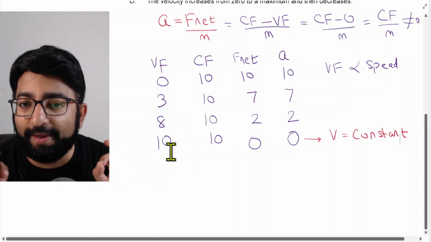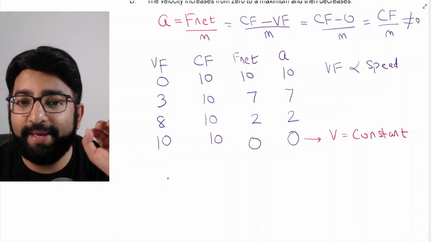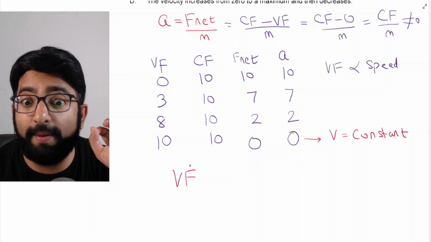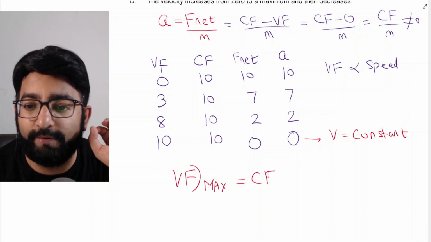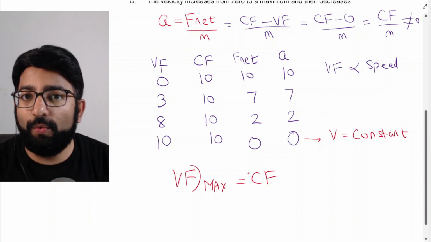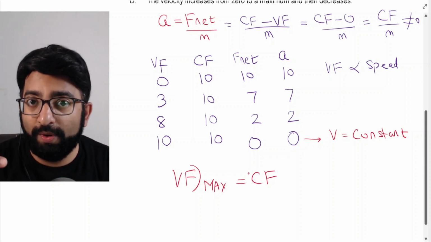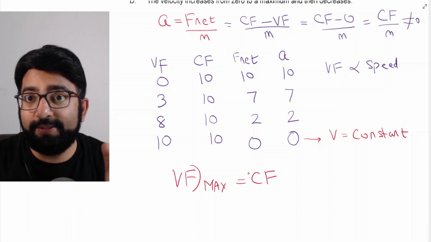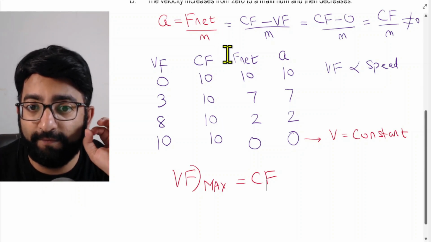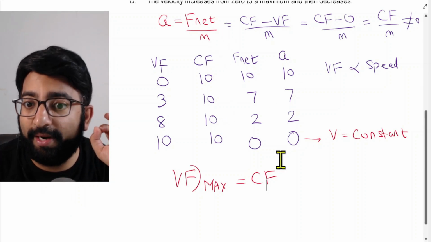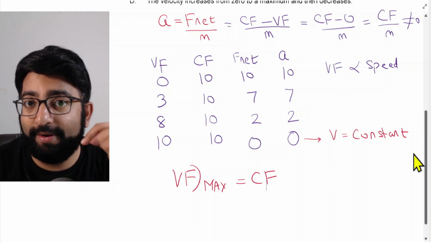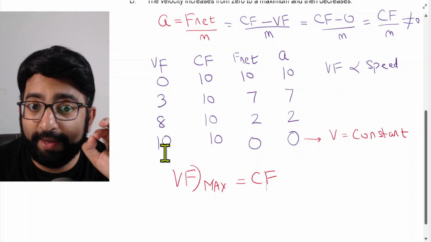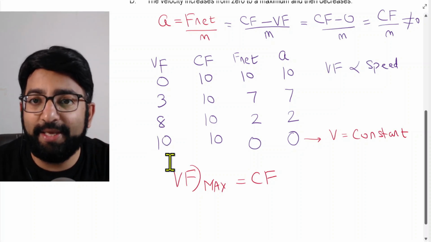So, if we analyze the entire situation, the maximum value of the varying force is equal to the constant force. The varying force will keep increasing from 0 until a time it exactly balances out the constant force. In that situation, the net force will be 0, acceleration will become 0, velocity is constant, and after this point, the varying force cannot increase even further.